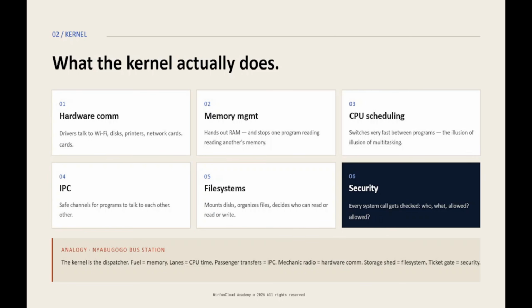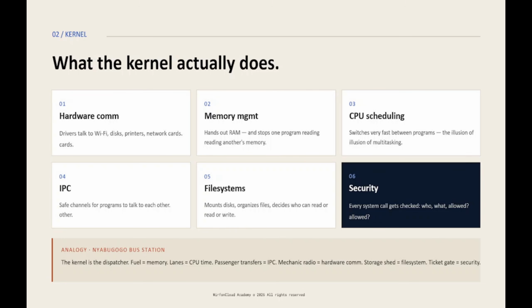The kernel does 6 big jobs. 1. Hardware communication through small programs called drivers. 2. Memory management. It hands out RAM to programs and stops one program from corrupting another. 3. CPU scheduling. It switches the CPU between programs so fast that they appear to run at the same time. 4.